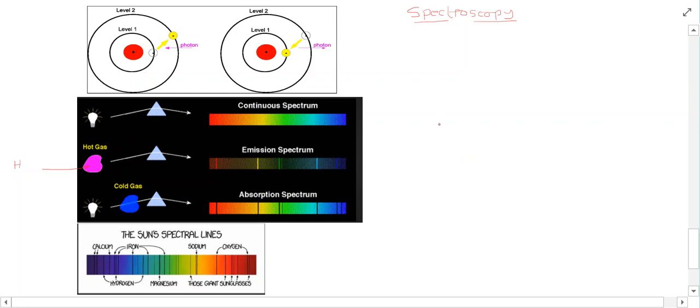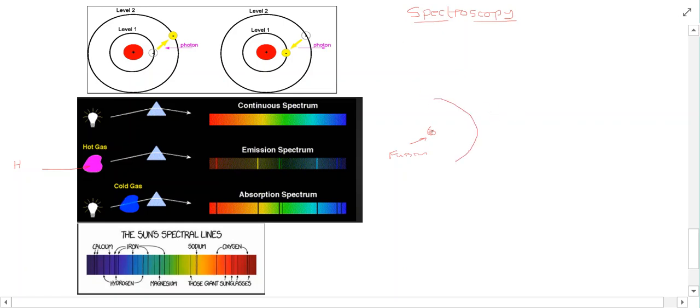So if we take, for example, the sun, we have the core of the sun. This is the core, and fusion is going on within the core. So imagine this is your core.